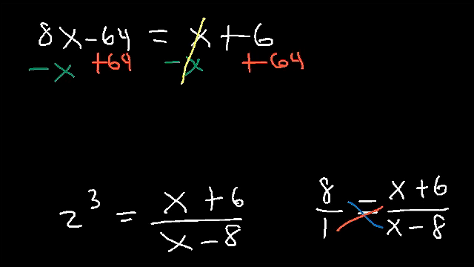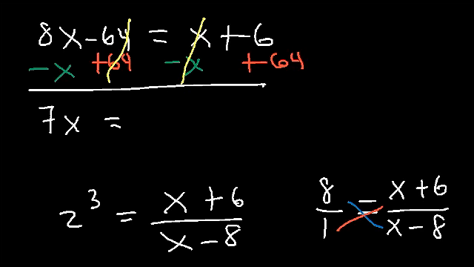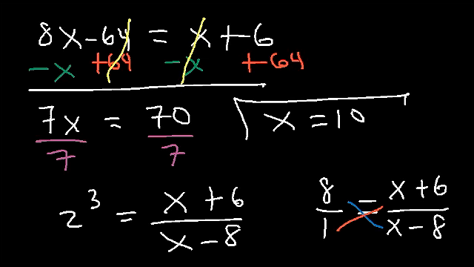So the x variables will cancel on the right, and the 64 will cancel on the left. 8x minus 1x is 7x. 6 plus 64 is 70. So if we divide both sides by 7, 70 divided by 7 is 10. Therefore, x is equal to 10.